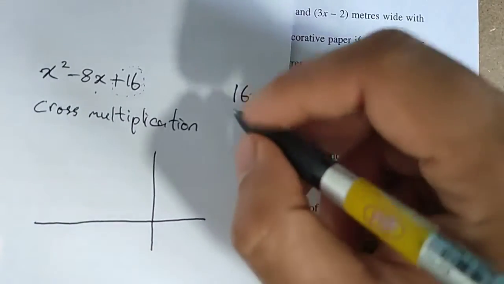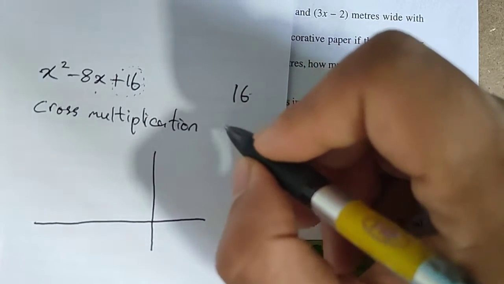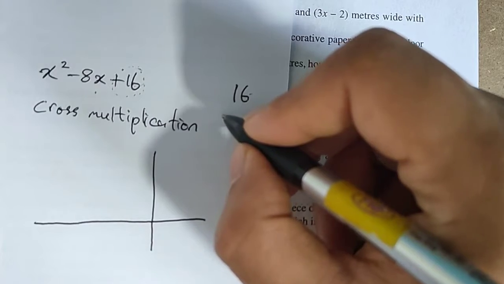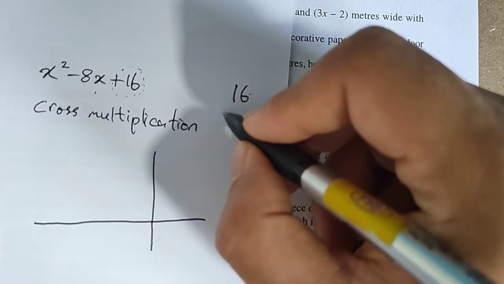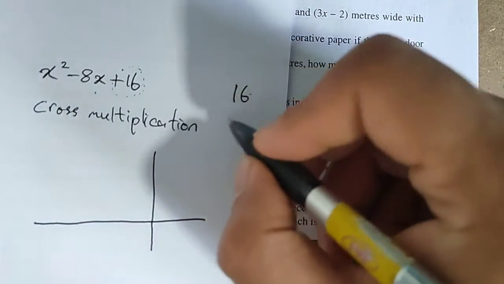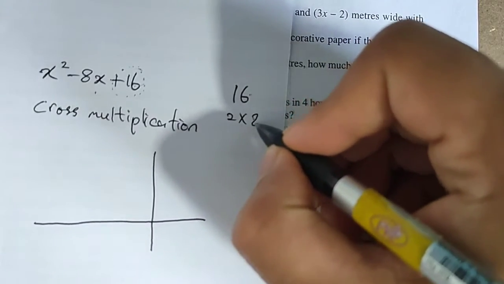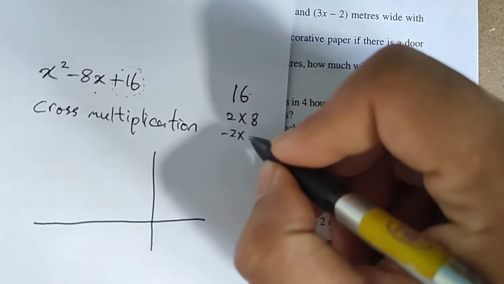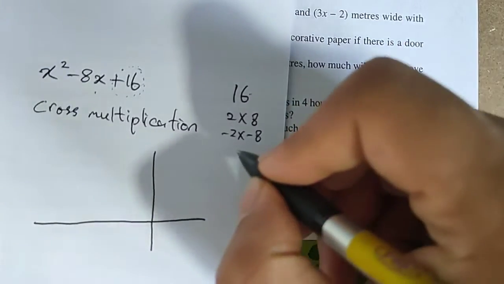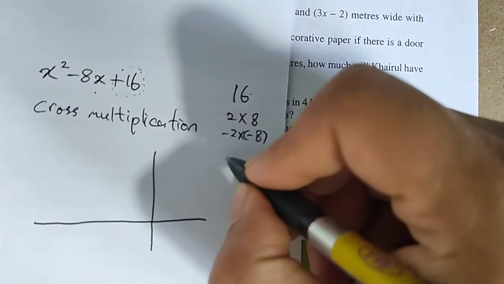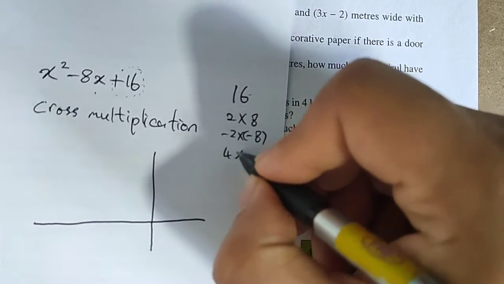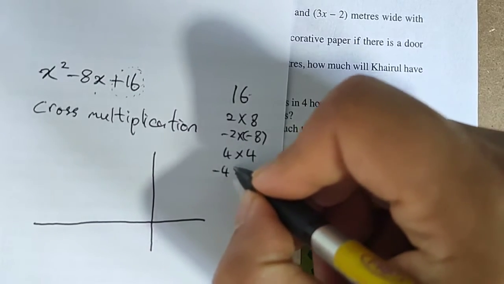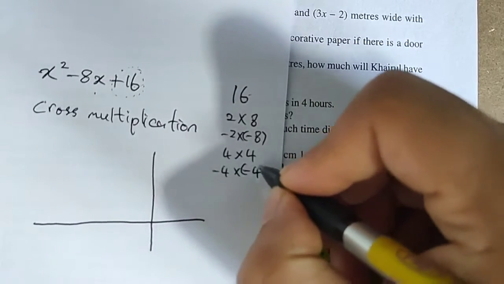So what is the factorization for this 16? Because this is positive, either 2 times 8, or negative 2 times negative 8, or how about 4 times 4, and also negative 4 times negative 4.